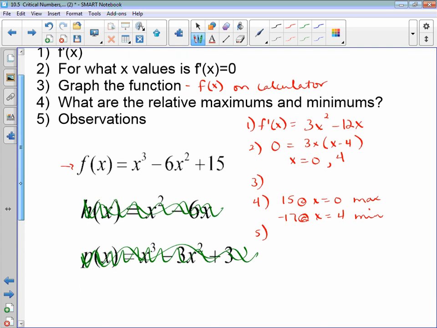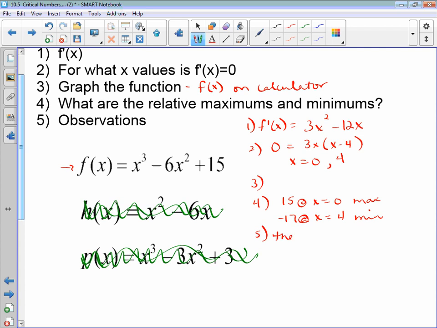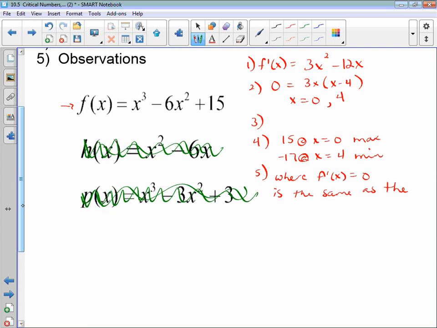So, we'll write it just this way. Where f prime of x equals 0 is the same as the x values of the max or min of f of x.